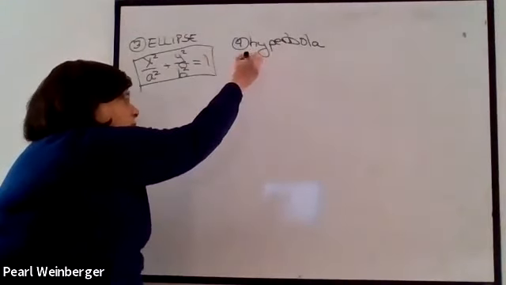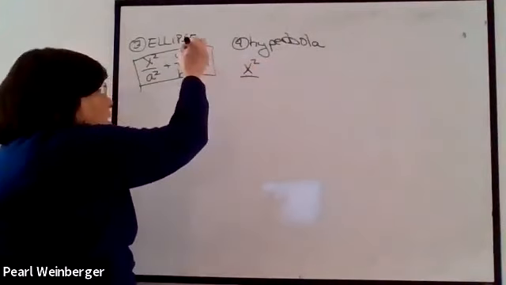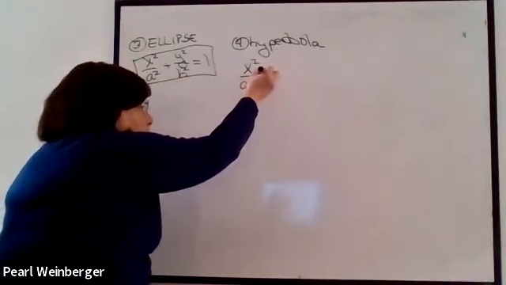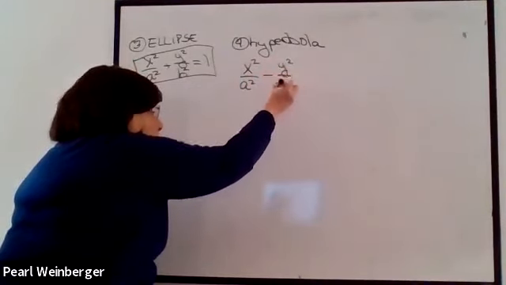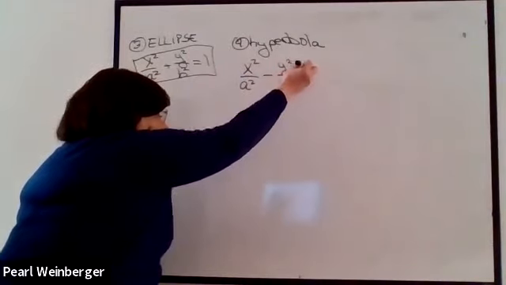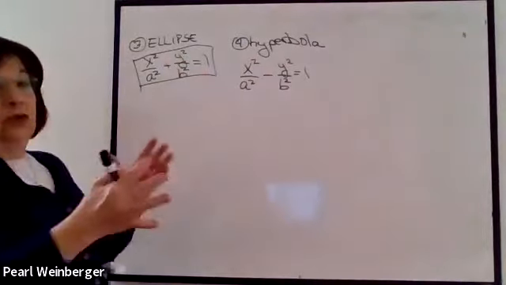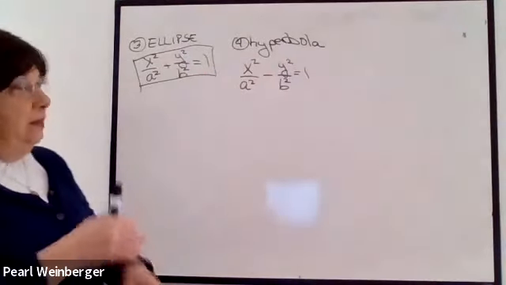So the standard equation of a hyperbola is very similar to our equation of our ellipse. It's x squared over a squared minus y squared over b squared equals 1. The basic difference is that the sign between the x squared and the y squared term is minus.